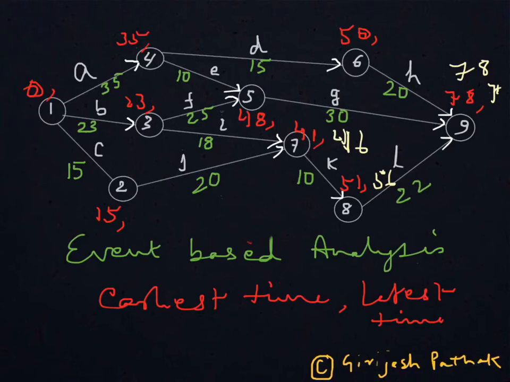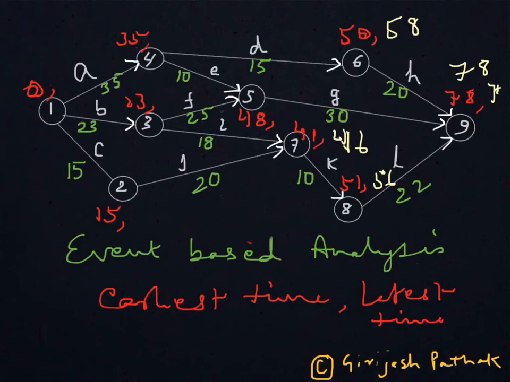Similarly, for node 6, you require 20 days to finish H, and this should be done before 78, that is the latest time of node 9. So 78 minus 20, that gives 58. By 58 we must be on node 6, so that you get 20 days to finish H. Similarly, for node 5 also, you have only one arrow starting from here, so you need to just check for this.